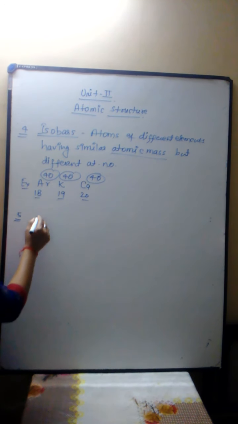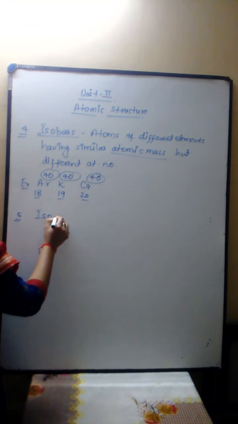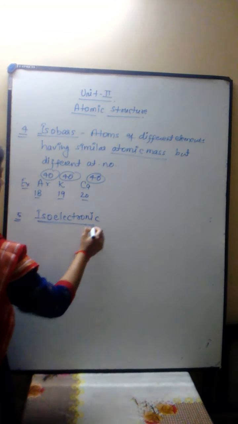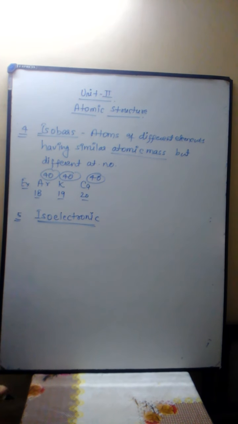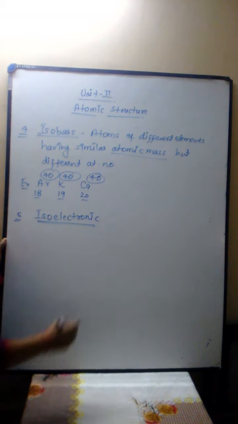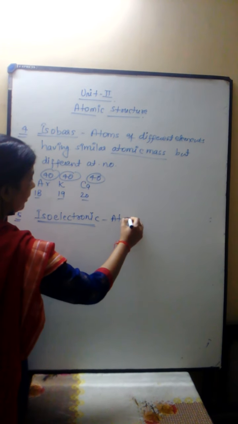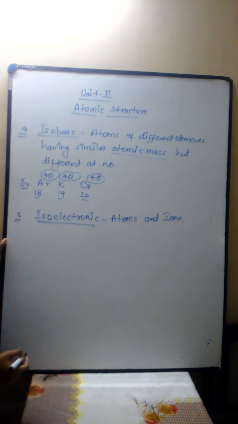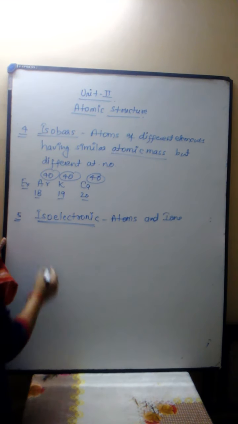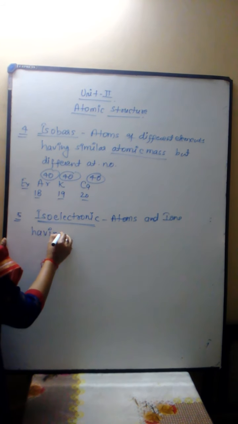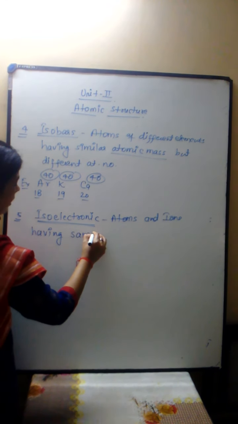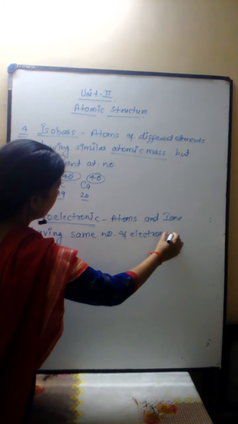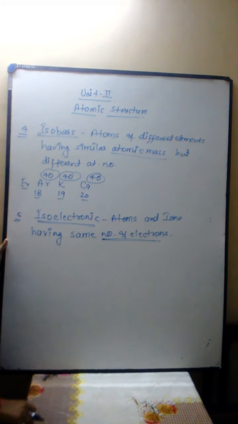After this, the next definition is isoelectronic. Iso means similar, electronic means electrons. So atoms and ions, ions may be positive or negative ions, containing the same number of electrons are called isoelectronic species.